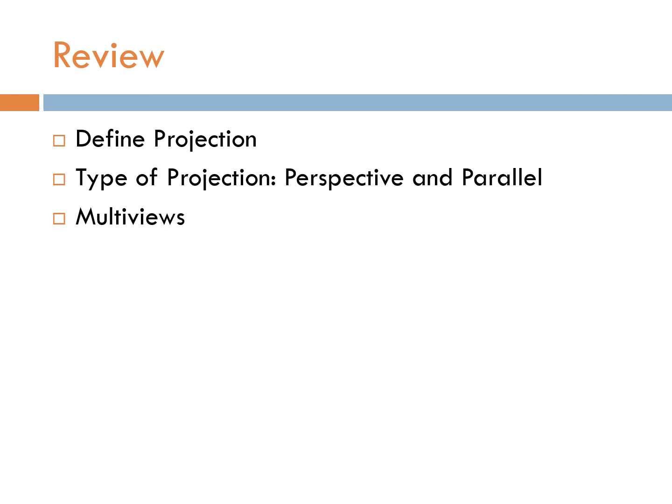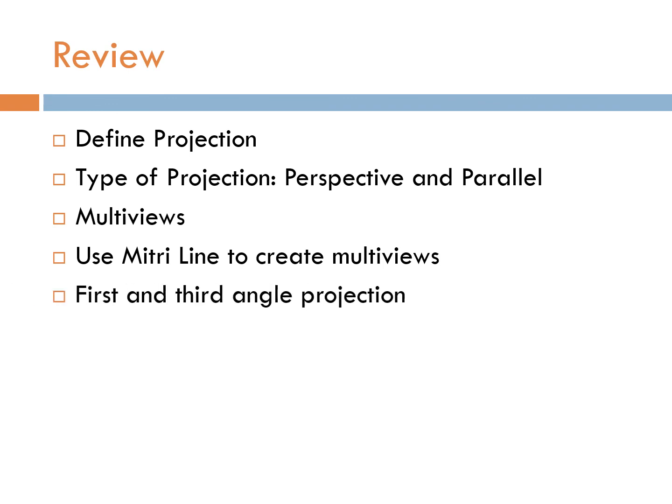And there are several different ways that you can project the object. One family in the parallel gives you a multi-view. The rest of them are pictorial. We talked about how you can use the matrix lines to create multi-views. This is the most important part. You have to do some practice in the lab. We also talked about the first and third angle projection.